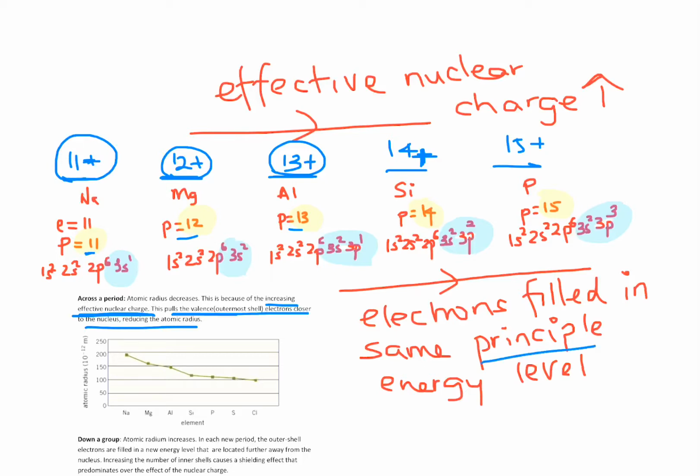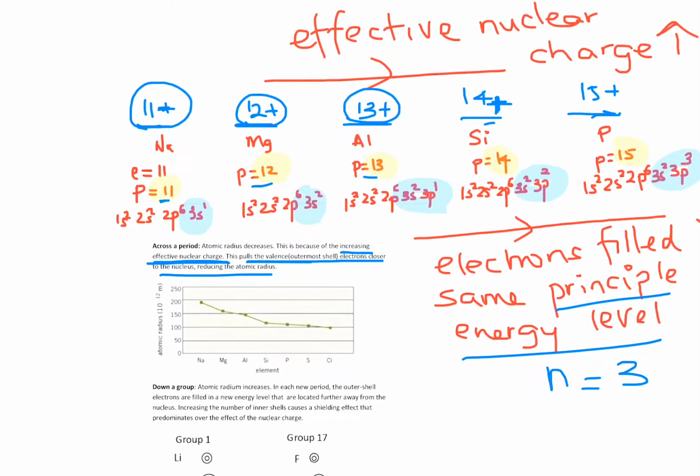So principal energy level n is equal to 3. That's the outermost energy level. So electrons are being filled in the same principal energy level while the positive charge is increasing, which means that the positive charge is able to pull the electrons closer to it, so it gets smaller.